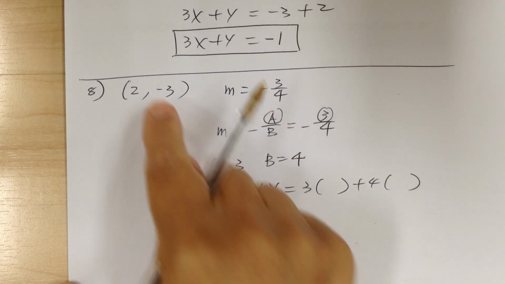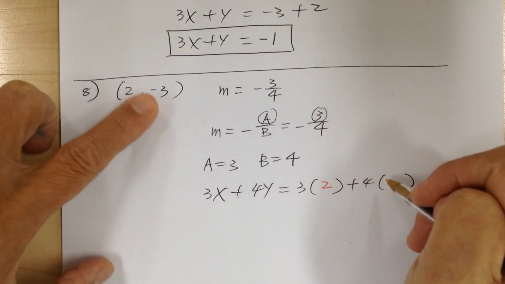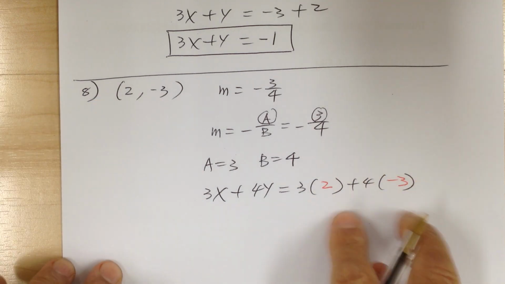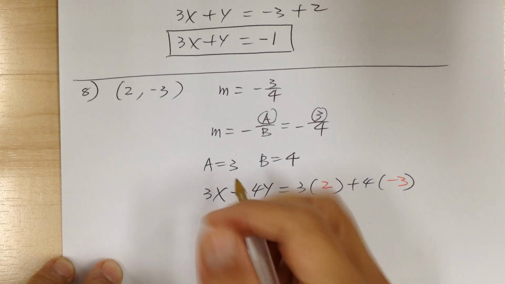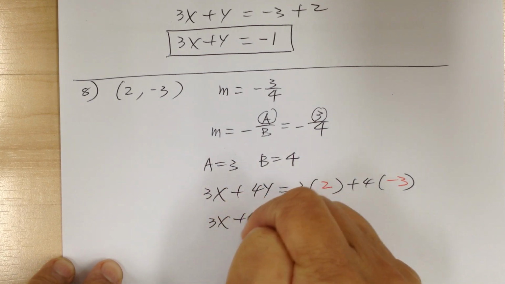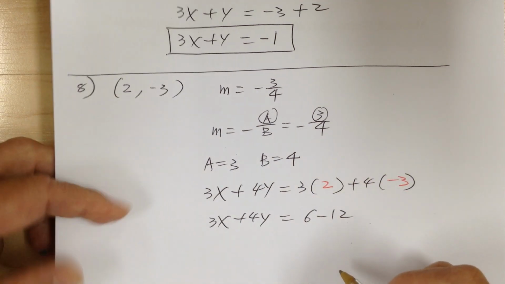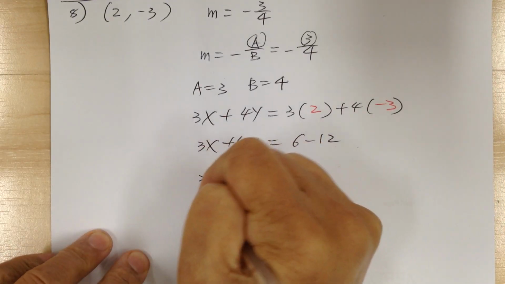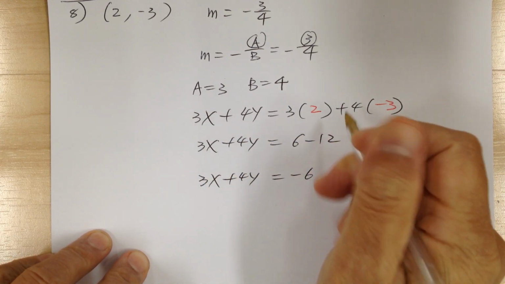Again, you want the line to go through this point, so you put this point in here. It'd be 2, -3. This came from here. After that, just work it out. So you got 3x plus 4y equal to 6 minus 12, so 3x plus 4y equal to -6.